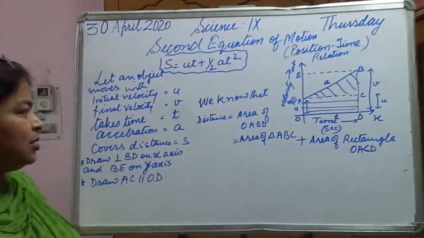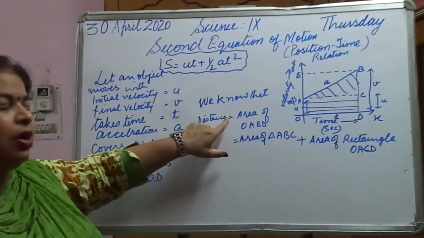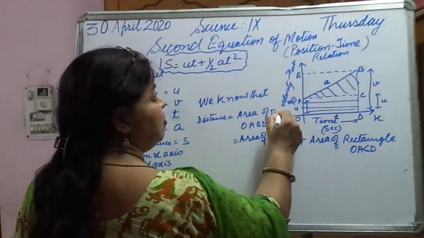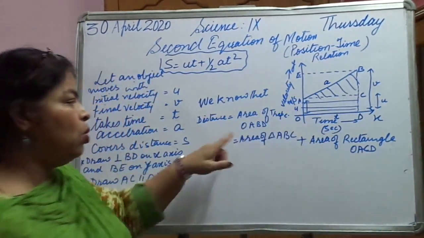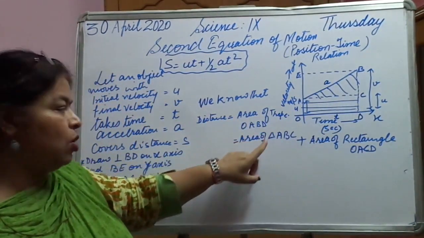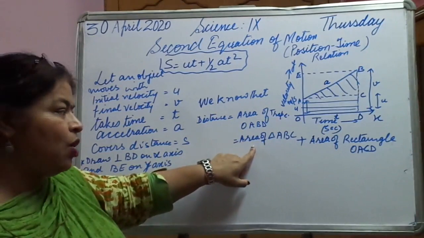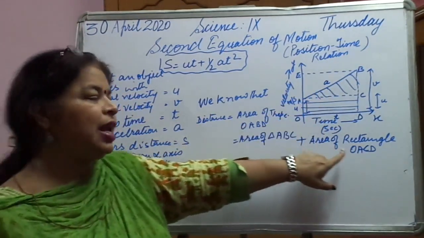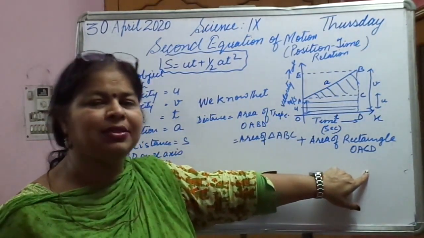Can we write like this? Distance is equal to area of trapezium OABD, or we can say area of triangle ABC plus area of rectangle OACD.